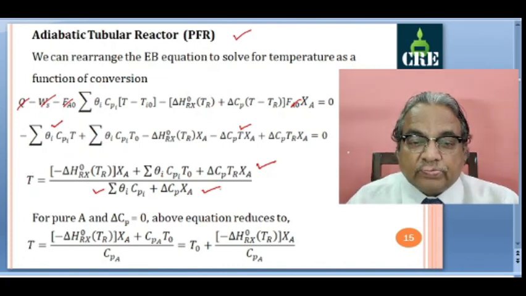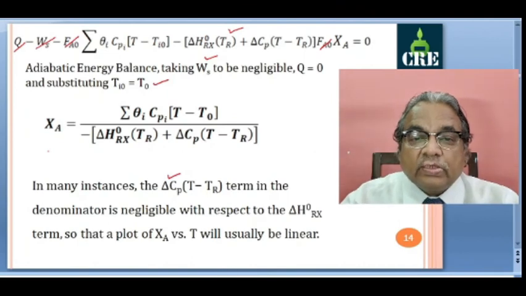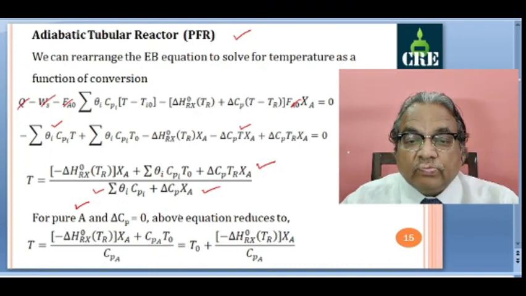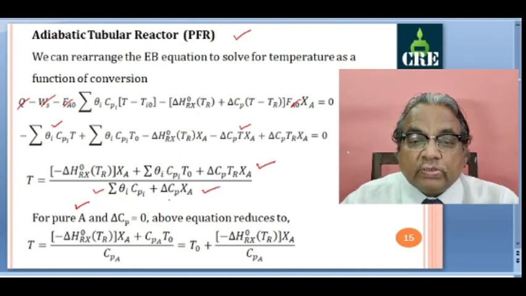So we get a relationship. Okay, as you go on changing this XA value, temperature you can find out. Earlier we had this equation, change the temperature, find out the value of XA. So if you use pure A, delta Cp will be equal to 0. So this equation will reduce to this becomes 0, this becomes 0.